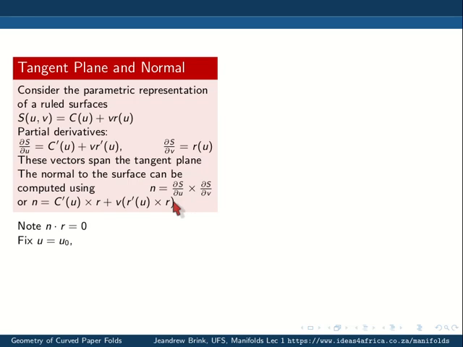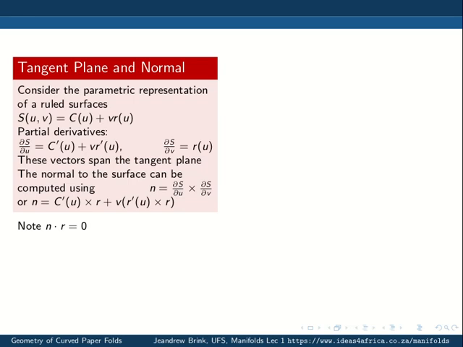Okay. Now let's do something else. The fact that n dotted with r is 0 does not mean that the normal is constant. Let's look at one of these yellow curves. Along these yellow curves, at every point there's a vector r that points along it, and that vector remains constant for the entire yellow curve. So if you have a plane that's normal to this, you have another vector that makes the tangent plane.